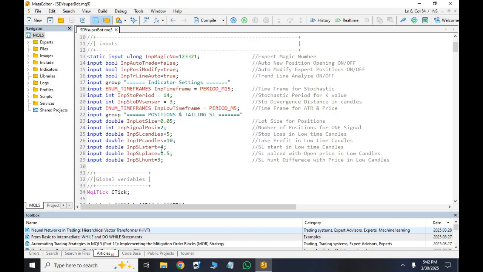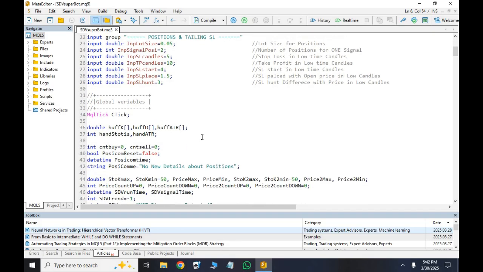SL hunting starts from 4 candles, the stop loss is placed at 1.5 candles, and the SL hunt runs with a 3 candle difference. Those are the inputs we want from the user before running this robot. You have to set these inputs correctly.